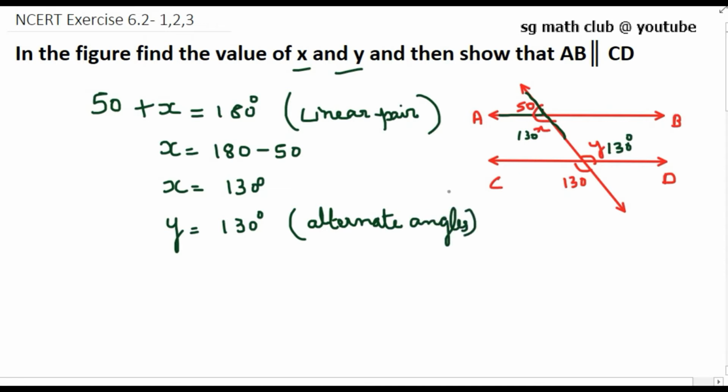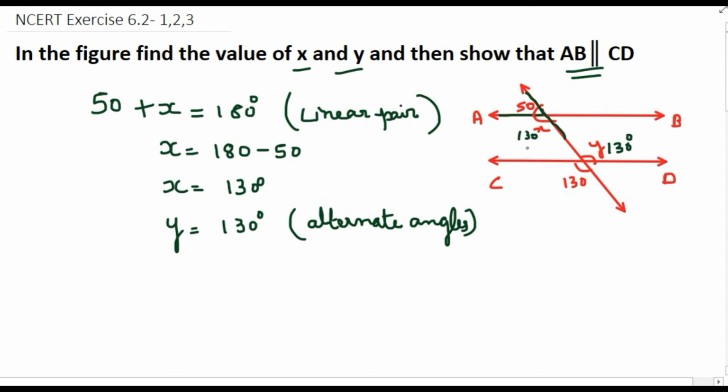Now one more question they have given. We need to show that AB is parallel to CD. We know that if a transversal intersects two lines and the alternate angles are equal, then we can say that AB is parallel to CD. Here the alternate interior angles are equal. x and y are alternate interior angles and they are equal.